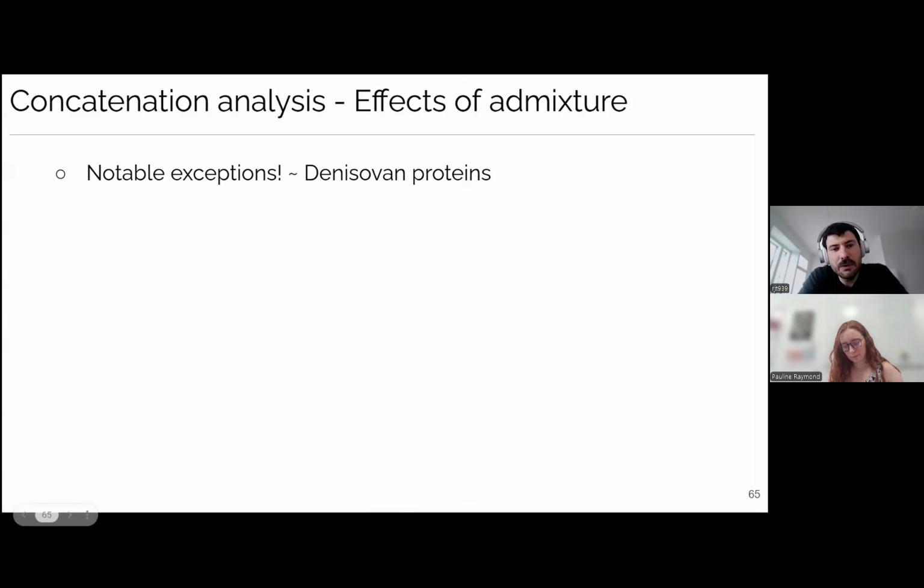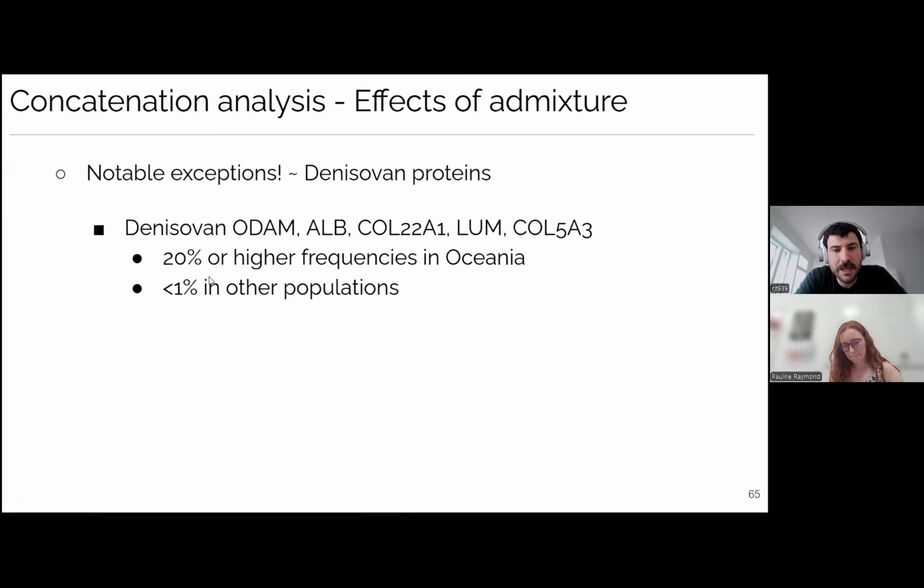On the other hand, we saw some Denisovan proteins, particularly ODAM, ALB, collagen 22A1, LUM, and collagen 5A3, that were in 20% or higher frequencies in the Oceanian modern people, which we know from other forms of data have a lot of Denisovan ancestry. So that makes sense that they have a high percentage of Denisovan proteins. But this drops to less than 1% for other human populations other than the Oceanians.